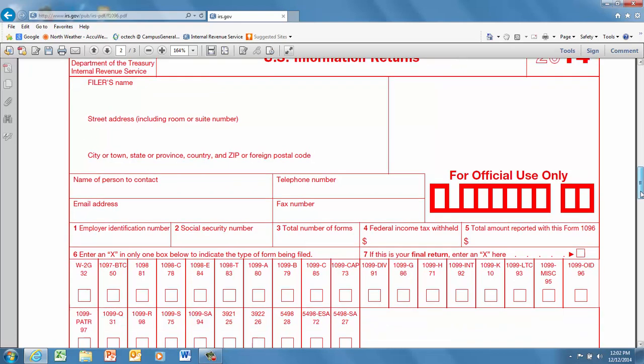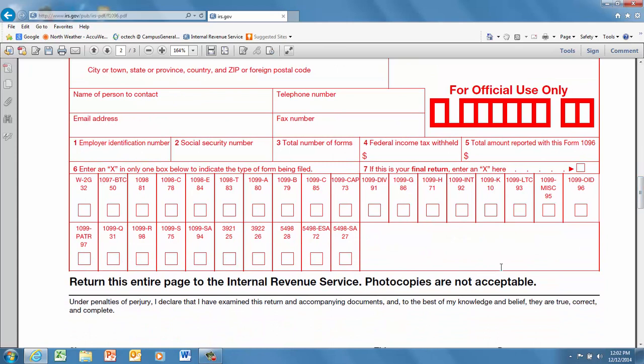Then we have to put an X or a check mark under what kind of 1099s we are attaching. And remember, we did the 1099 MISC. So that's what you have to look for under here, which is this one right here, 1099 MISC box 95. And you would put a check mark or an X in here.